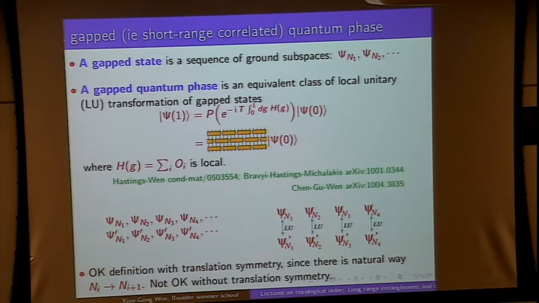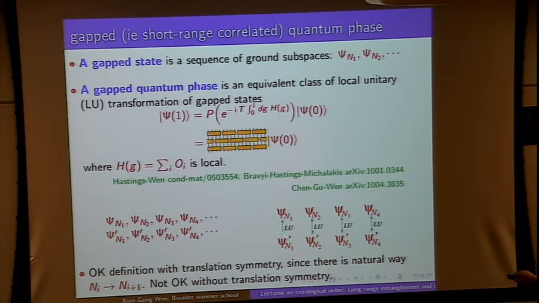A phase just means an equivalence class of a state, or an equivalence class of this sequence. One obvious way to define the equivalence relation is the so-called local unitary transformation. That's one of the important concepts. We say that two states are equivalent if they are connected by a local unitary transformation.